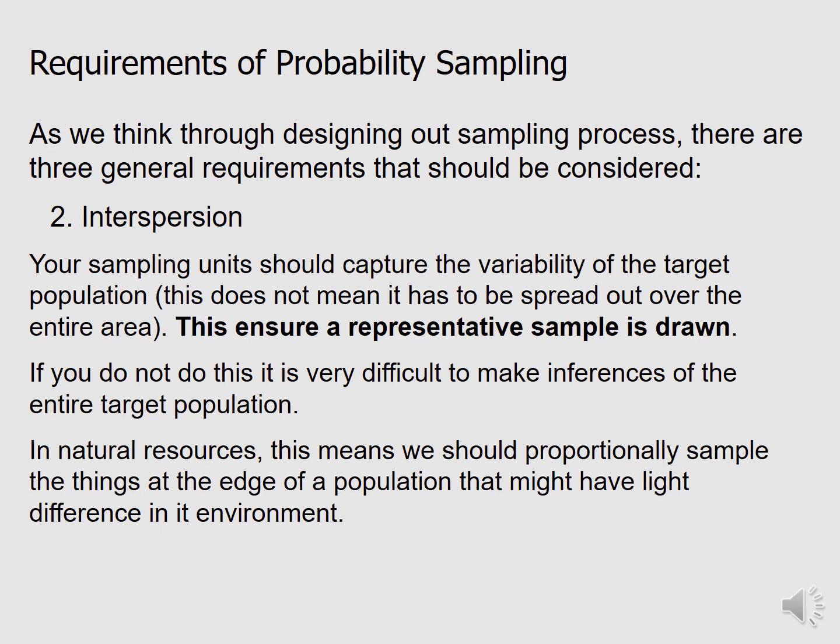Succeeding at this ensures that we have a representative sample and that we will have strong inference about the population. A thing to keep in mind is that in natural resources, this means we have to proportionally sample things at the edge of the population that might differ from the rest of the population due to differences in their environment.